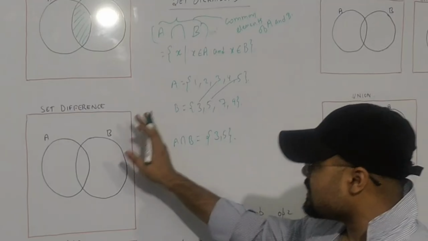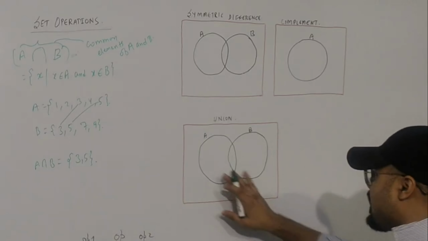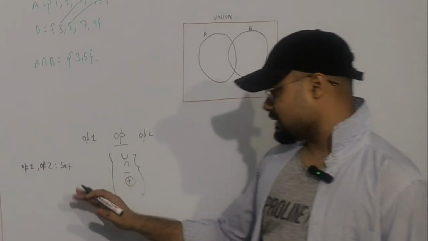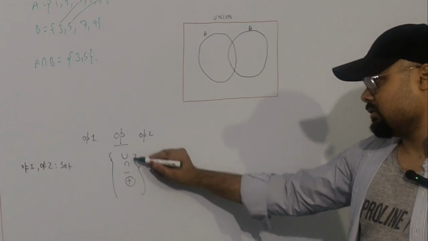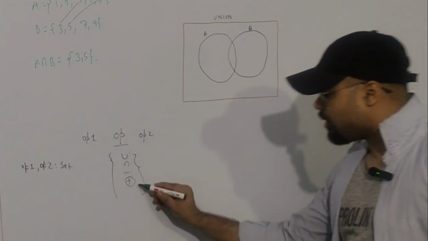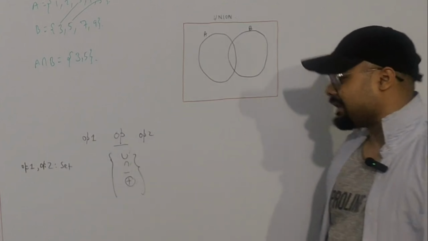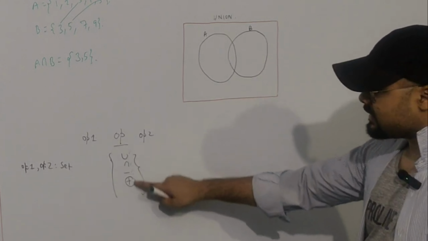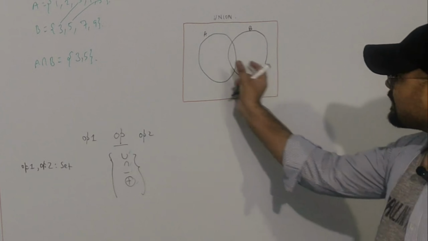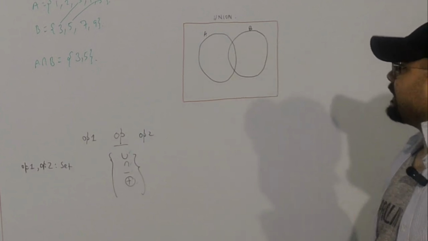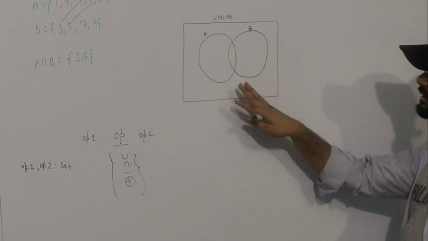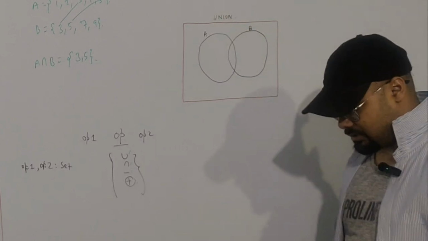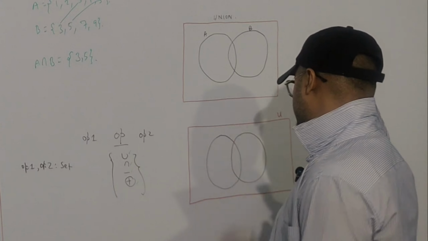If you see any two arbitrary sets, this is how you represent them. All of these different set operations, whether it's intersection or union or set difference or symmetric difference, are actually giving you some region from the Venn diagram. Let me draw two arbitrary sets here.